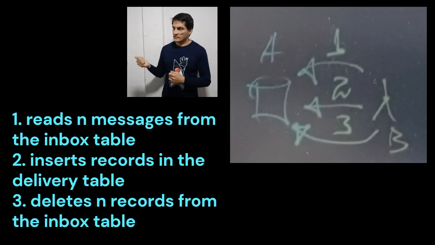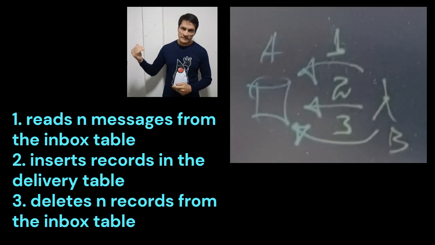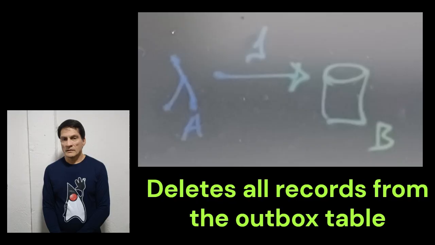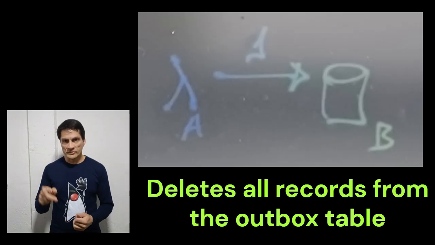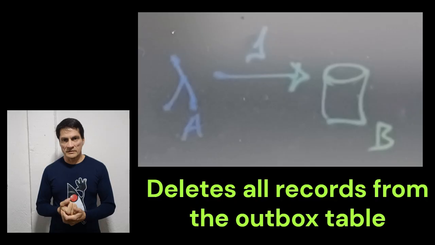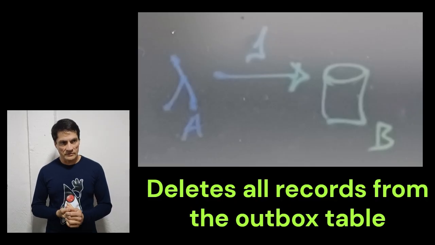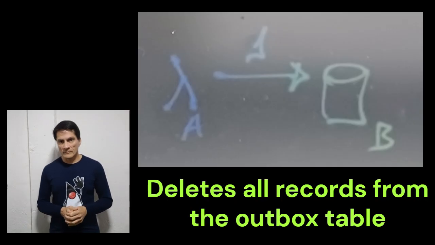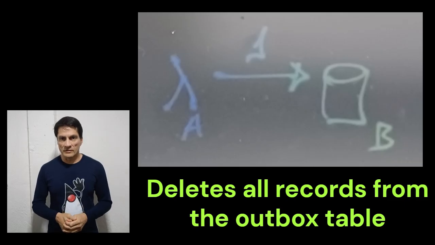After the messages in the inbox are consumed and the delivery records are created, the message in the inbox may be deleted. And to complete the messenger system, a scheduled Lambda is necessary to delete all the records in the outbox table in the product API according to the data governance policy of the company.